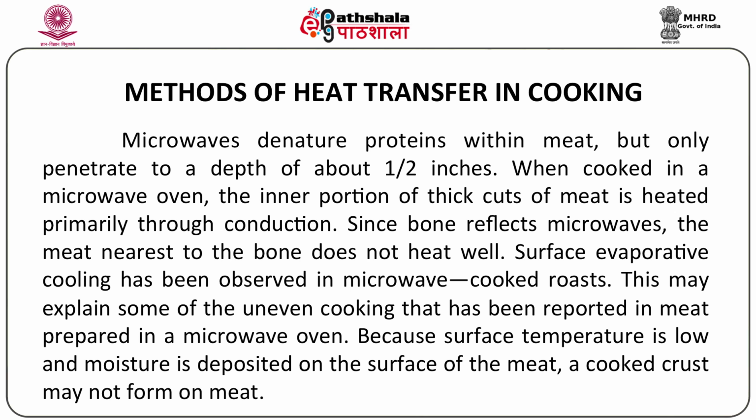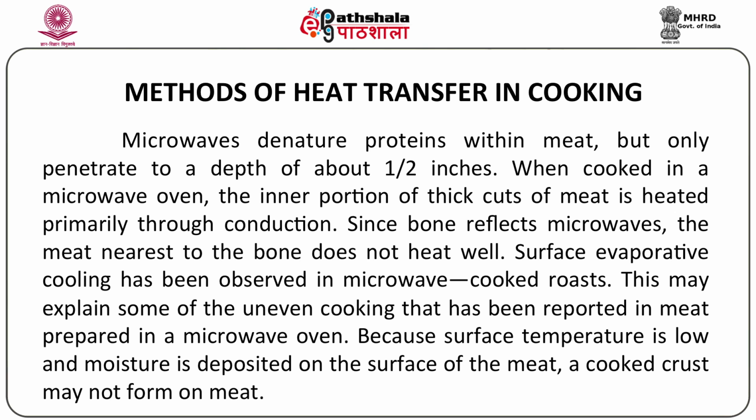So the meat surrounding the bones is not cooked well, in other terms. Now surface evaporative cooling is also observed in microwave when meat is cooked by roasting. This may explain some of the uneven cooking that has been reported in meat prepared in a microwave oven.